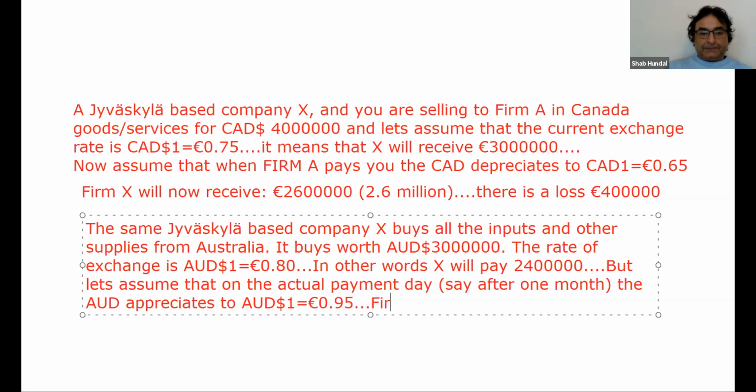Firm X will now have to pay how much? 2.85 million.